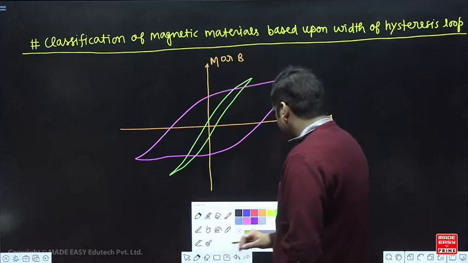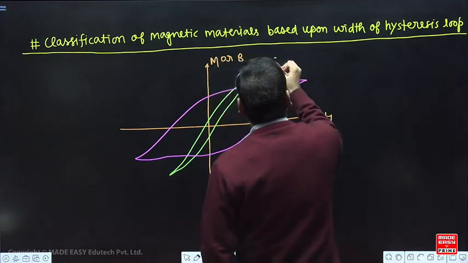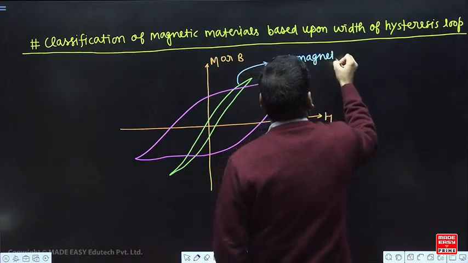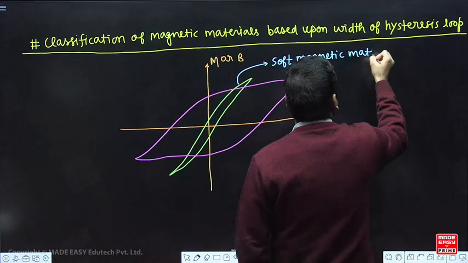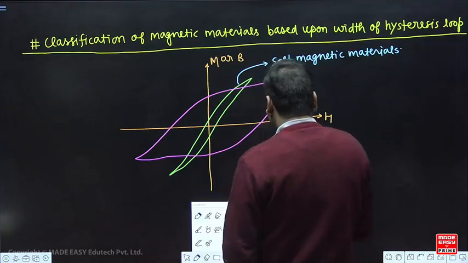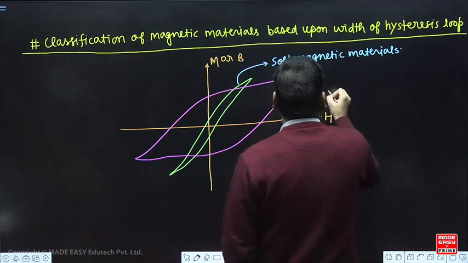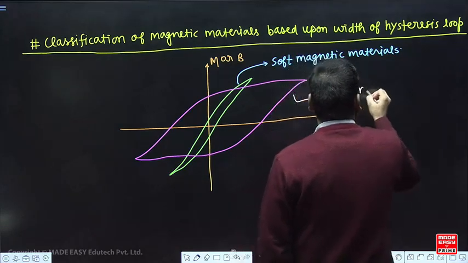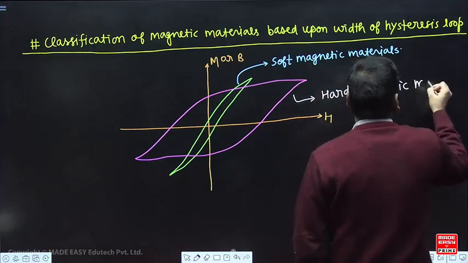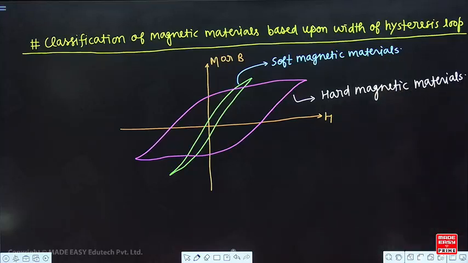One is this. This is a narrow hysteresis loop. So such materials are known as soft magnetic materials. And here you have a wide hysteresis loop. So such materials are known as hard magnetic materials. So based upon width of hysteresis loop, we can have two types of magnetic materials, soft and hard.